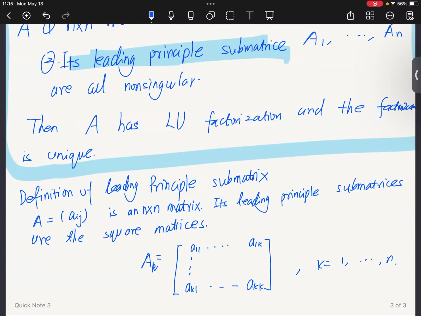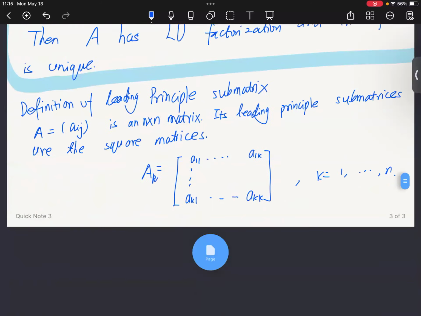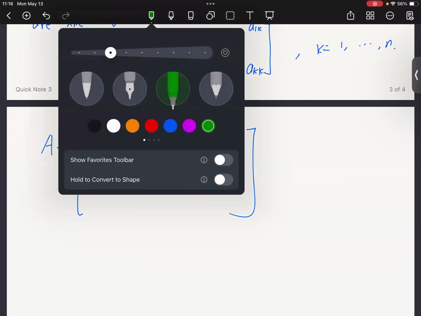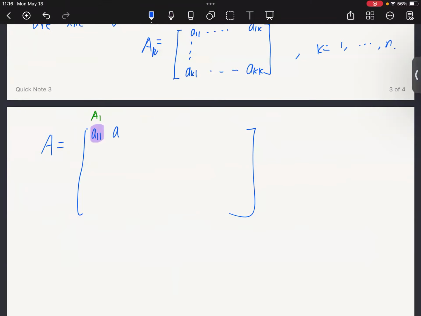This definition is very simple. If you take a look at the A matrix, this is A1, because we have just A11 here. This one is just A11, the A1 submatrix. And let me write more elements here: A12, A21, A22.